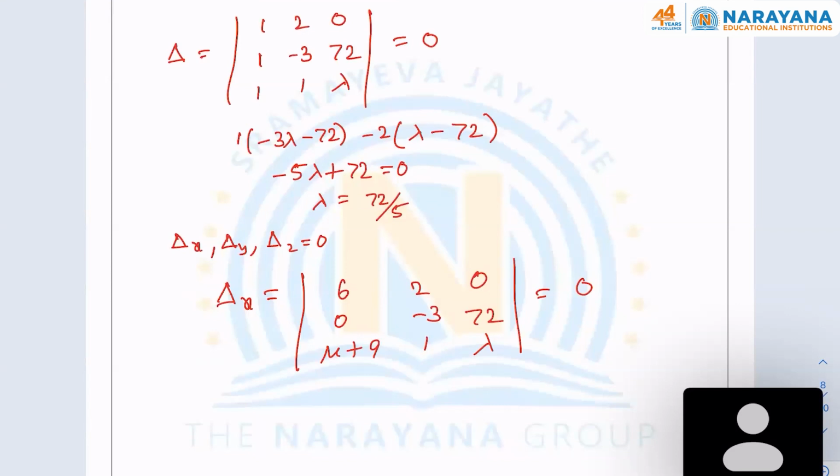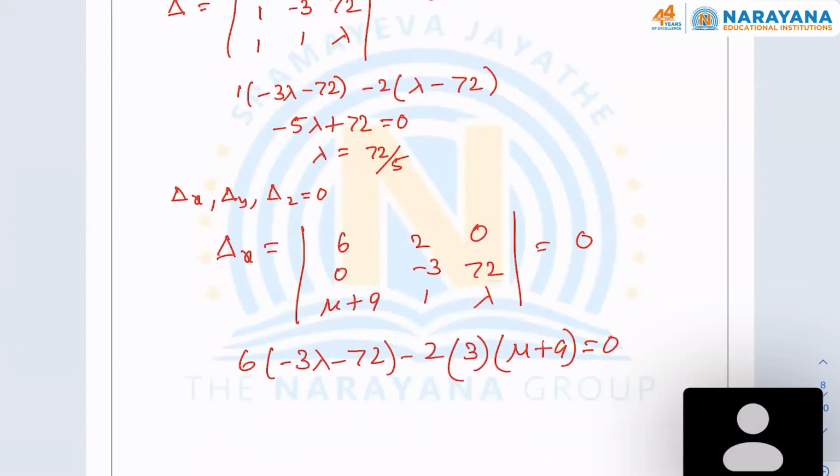So here 6 into minus 3 lambda minus 72 minus 2 into 3 into mu plus 9, it must be equal to 0. So here lambda value we know that it is equal to 72 by 5. So minus 3 lambda minus 72 minus mu minus 9 is equal to 0.